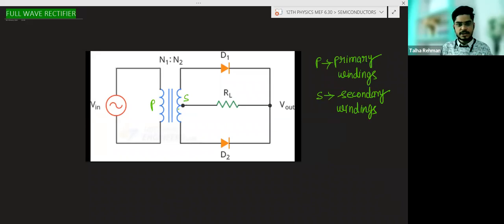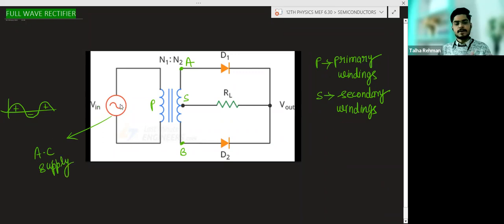Again, take this point as A and this point as B. From here you are applying an alternating voltage like this: positive half cycle, negative half cycle, positive half cycle. So this is the AC supply, the alternating current supply.